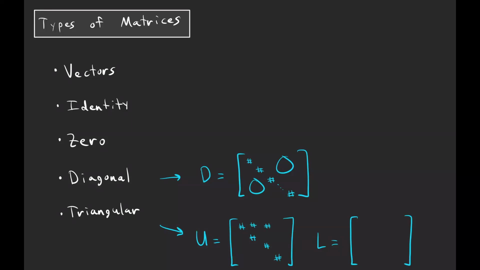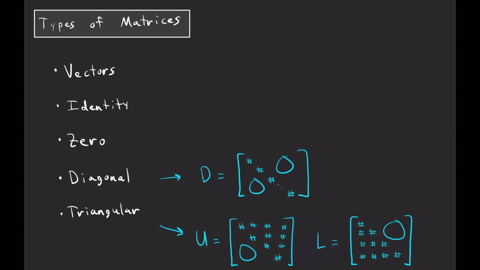I also have some numbers up here, and then I have zeros all down in the bottom right there. A lower triangular matrix, same thing, just flipped. Whole bunch of numbers on the lower portion of this matrix, but then just zeros all up there. If in addition to a triangular matrix, your diagonal is also all zeros, then we would say it is a strictly upper or lower triangular matrix. So that's cool.